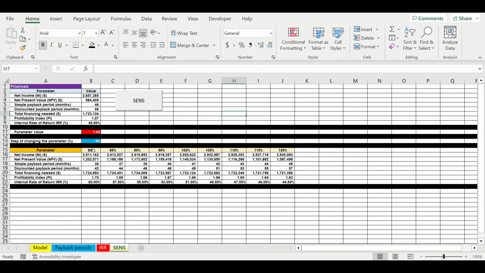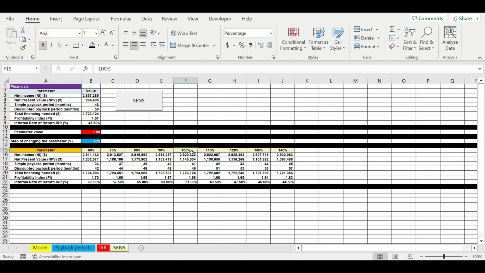And then all these numbers go here to sensitivity analysis. So here we can specify, for example, the step of adjusting this parameter.